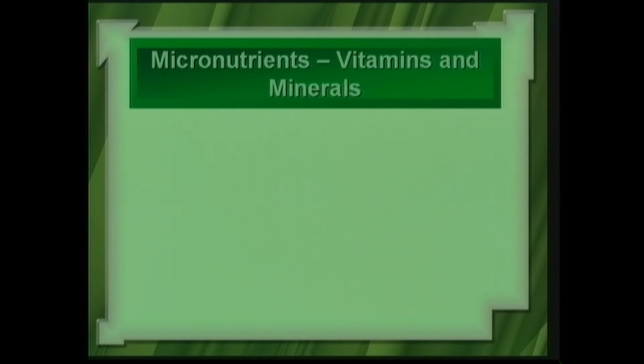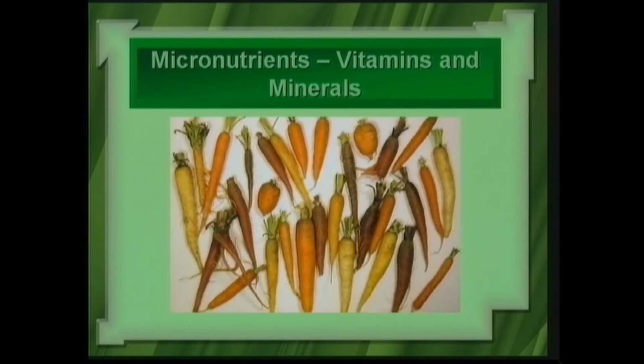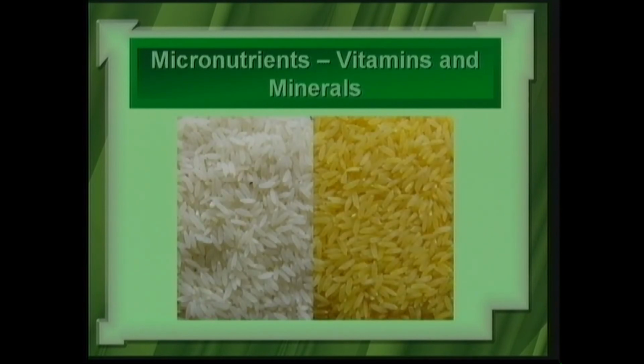It's named after carrots, because this is the first kind of food in which people discovered carotenoids or carotene. You can see that even in carrots, you have a whole bunch of different colorations and shapes. And remember when we were talking about biotechnology, remember golden rice? They took regular rice and genetically engineered it to produce beta carotene.